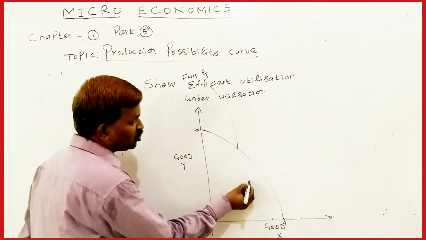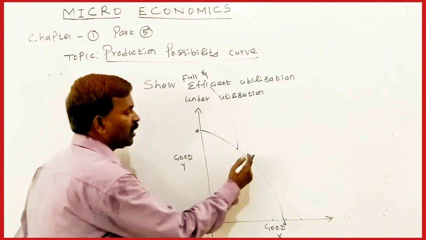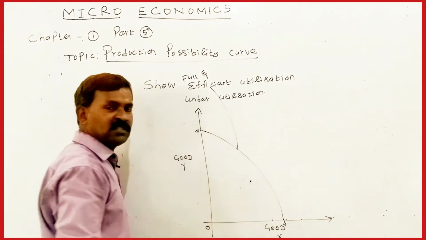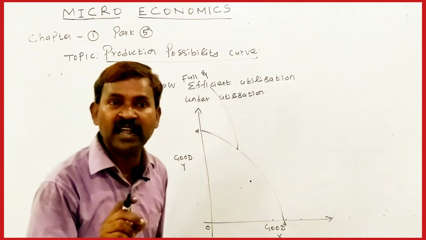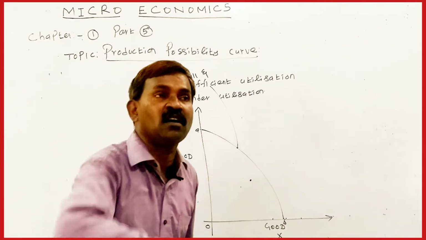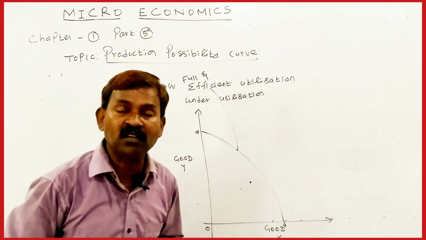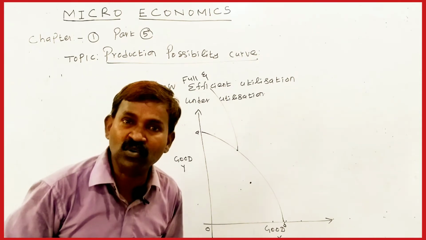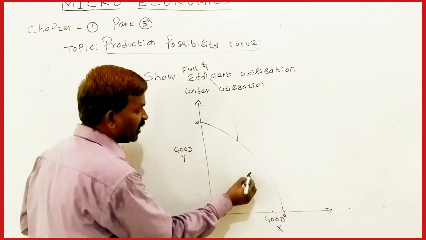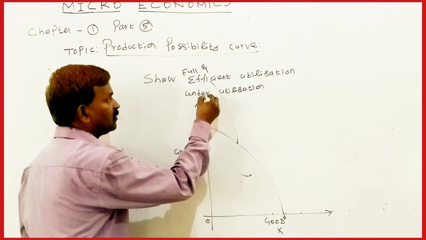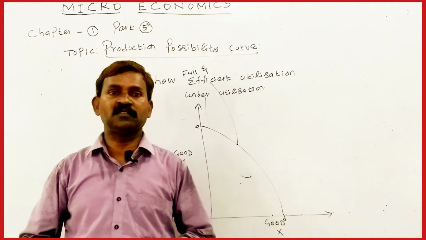But if you plot a point anywhere inside the PPC, it shows that though resources are available in an economy, the economy has not utilized all the resources fully and efficiently. So this point shows that there is underutilization of the resources.